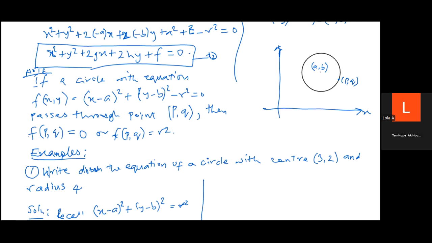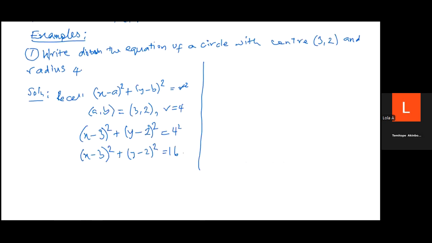Expanding, you have x squared minus 6x plus 9, plus y squared minus 4y plus 4 equals 16.